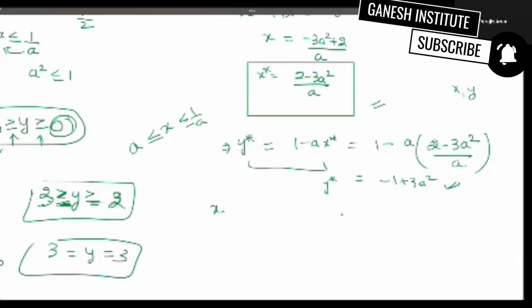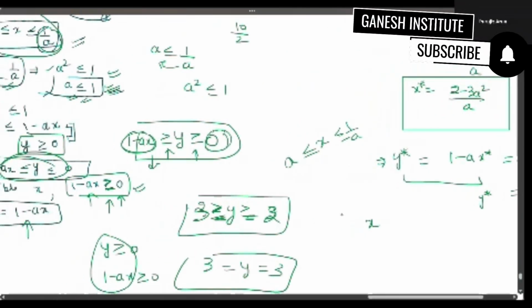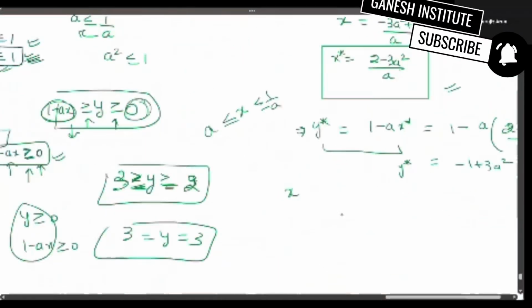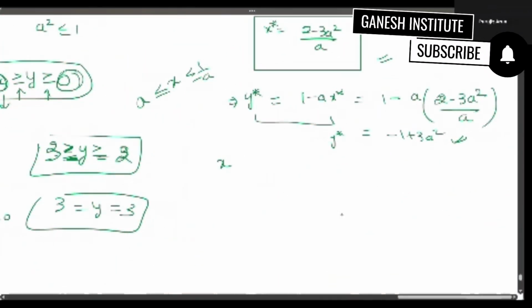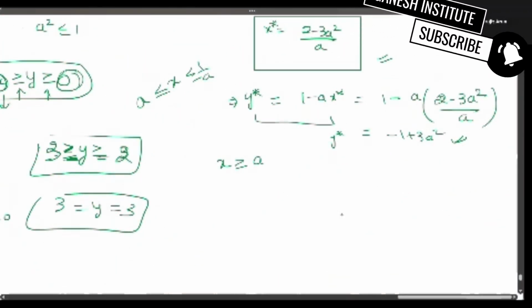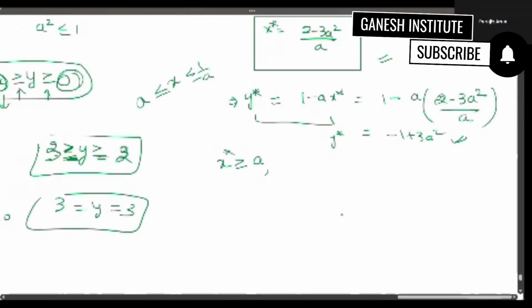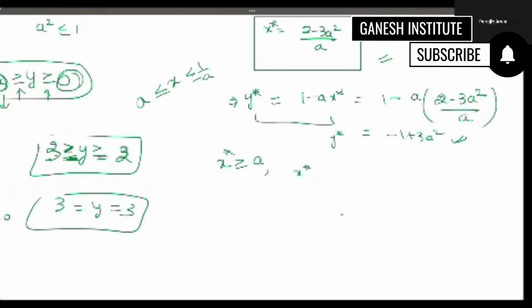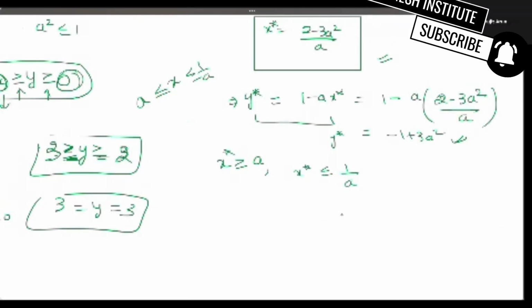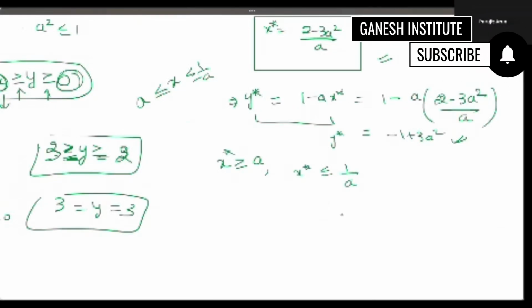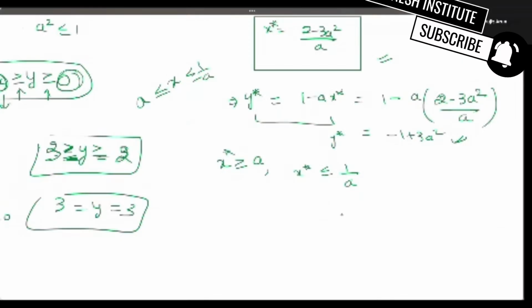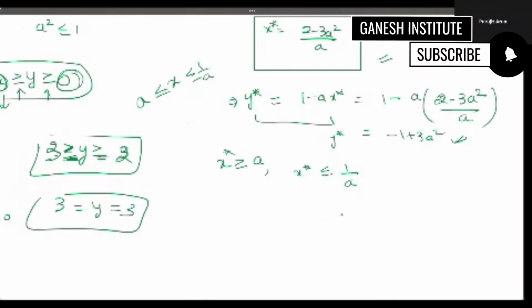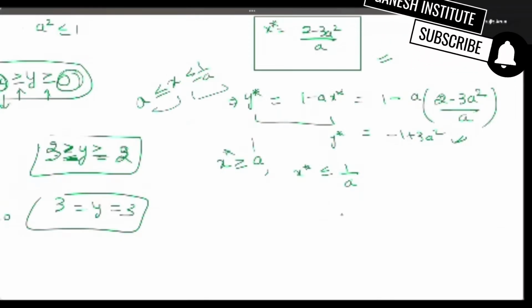And also the boundaries which are given. You have jotted now. Okay, tell me what are the boundaries, a to constraints? First is x greater than or equal to a. Yes, x is greater than or equal to a, y is greater than or equal to 0. And also x is less than or equal to 1 upon a.